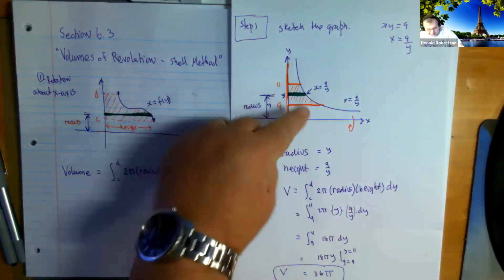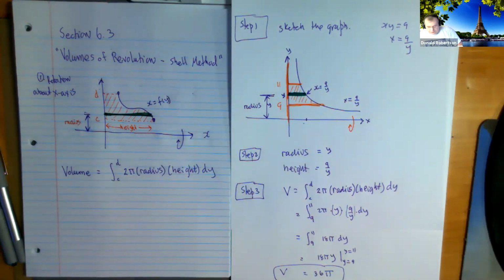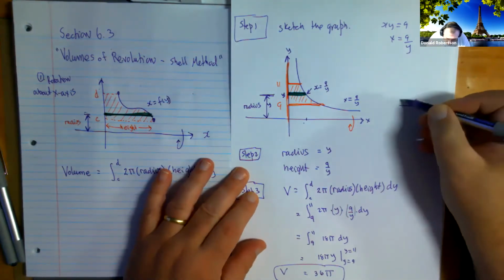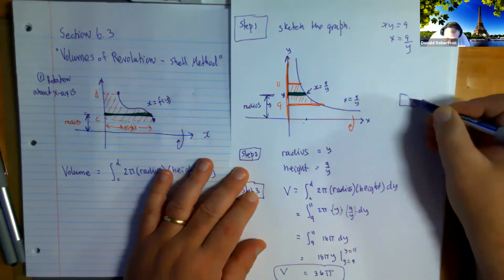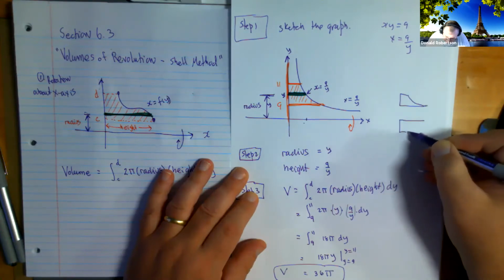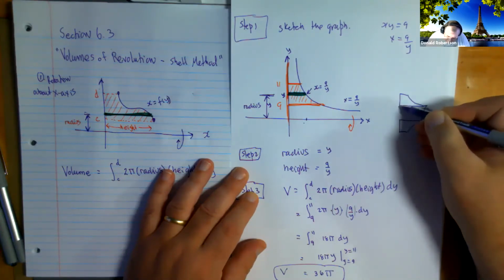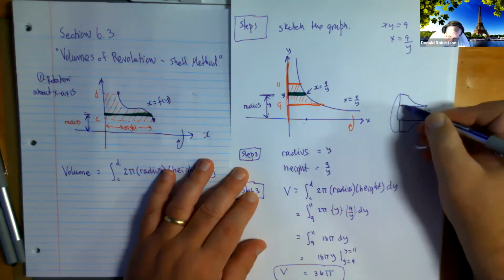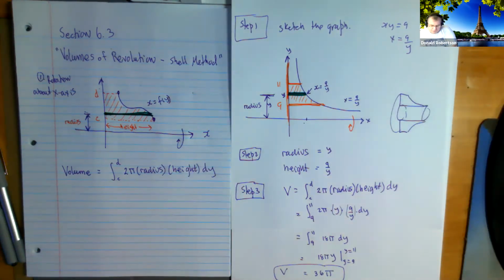So if you rotated this shape about the x-axis, the volume of that shape would be 36 pi. I wonder what that looks like, just out of curiosity. Oh, it looks like a screw with a hole drilled through the center of it. Imagine the entire shape. Yeah, just curious.